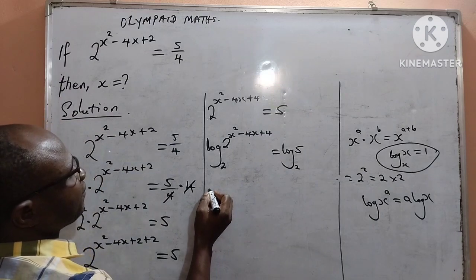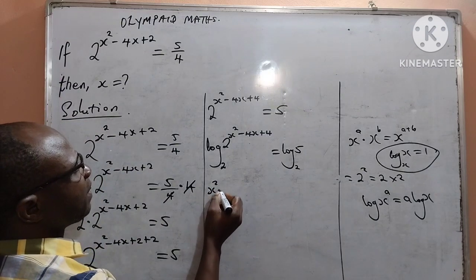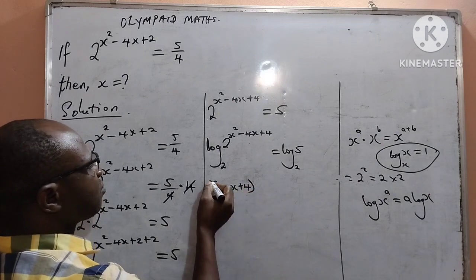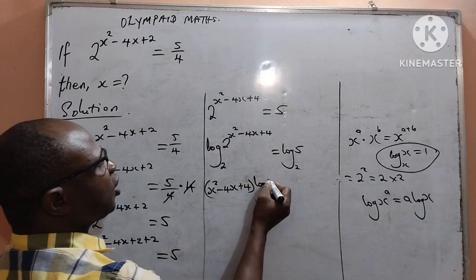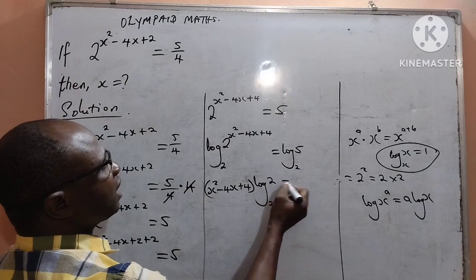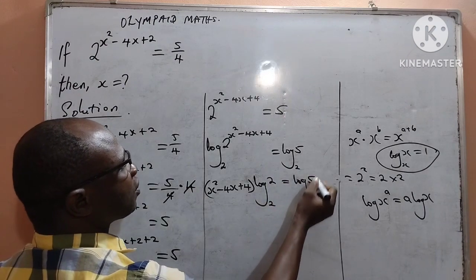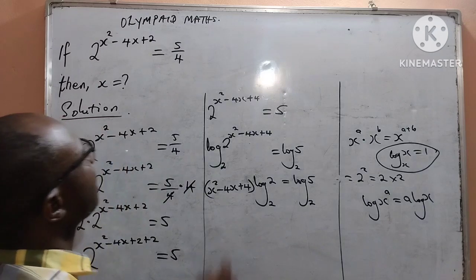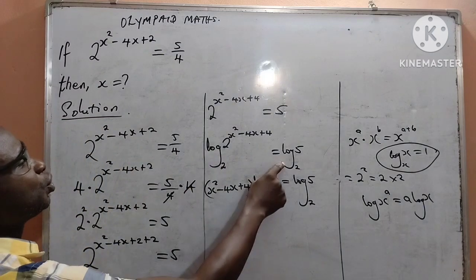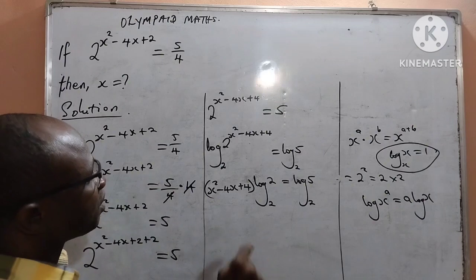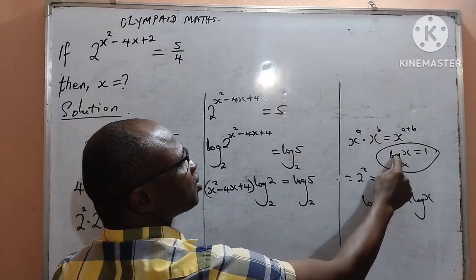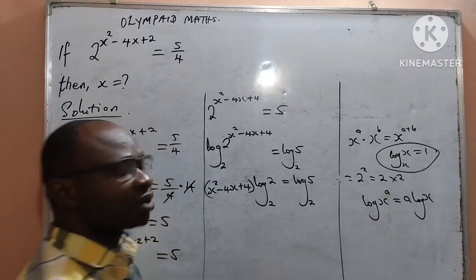Therefore, this will now be x^2 minus 4x plus 4, multiplied by the log of 2 base 2, and everything is equal to the log of 5 base 2. You can now see the reason why I used logarithm to base 2 on both sides. The reason is because of this log 2 base 2 that is coming out, to which I will now apply log x base x equal to 1.